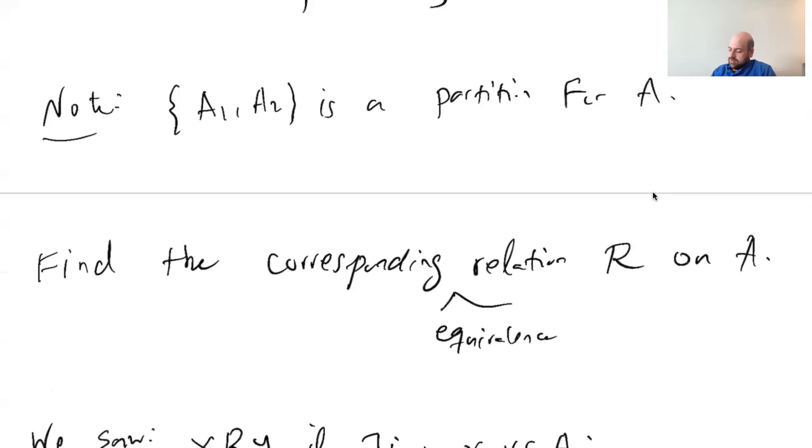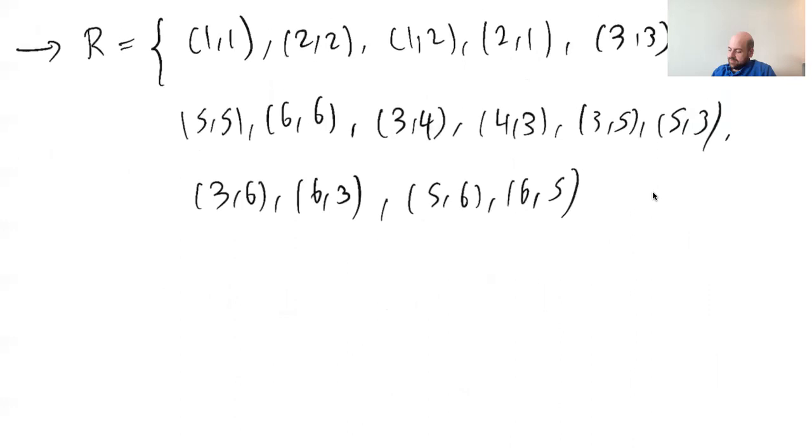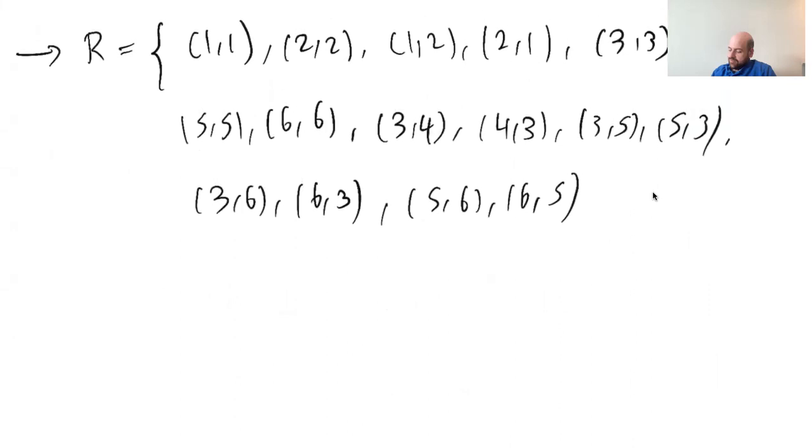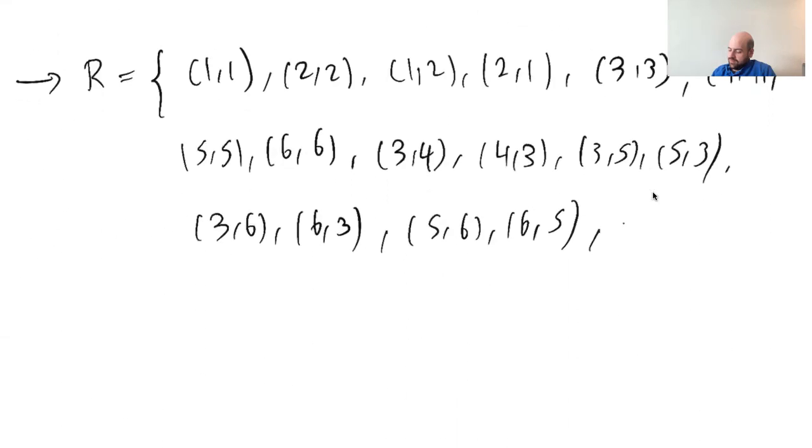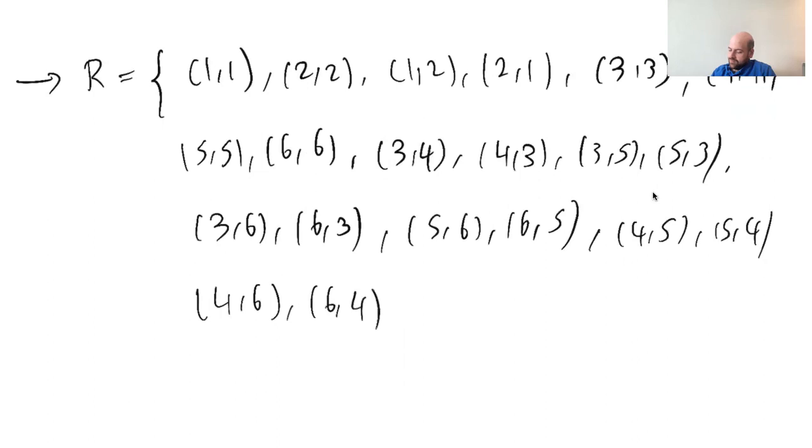So 3 with 4, 5, 6: (3, 4), (3, 5), (3, 6). (4, 5), (5, 4). 4 with 5 and 6. (4, 6), I think I haven't mentioned yet. (4, 6), (6, 4). So 4 with 5 and 4 with 6.